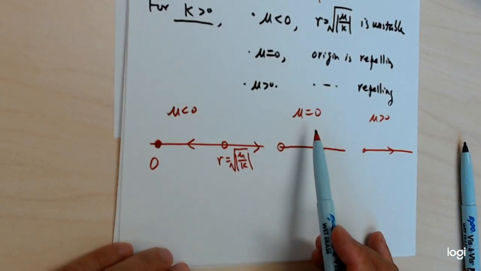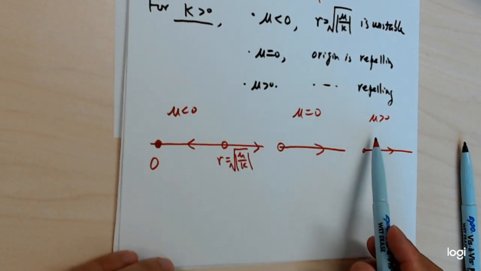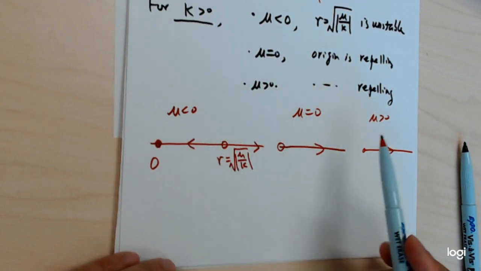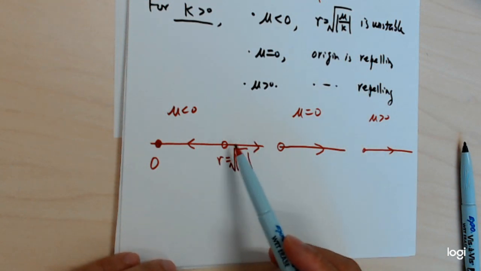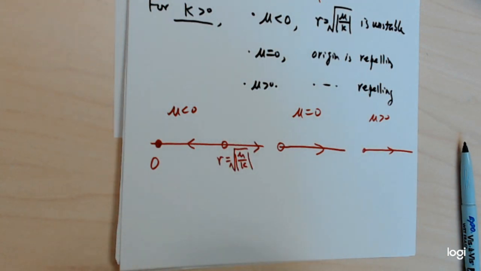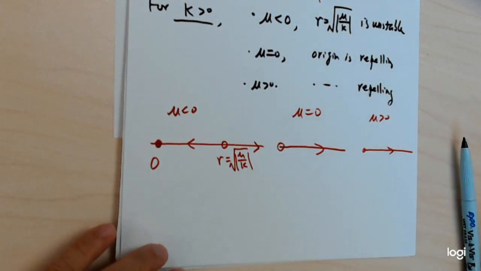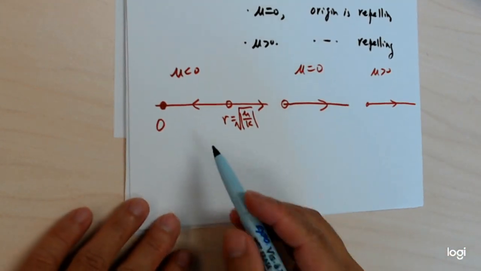So in this case, when mu goes from some positive number to a negative number, you will have a periodic solution that shows up, but the limit cycle is what? Repelling. Okay, repelling.